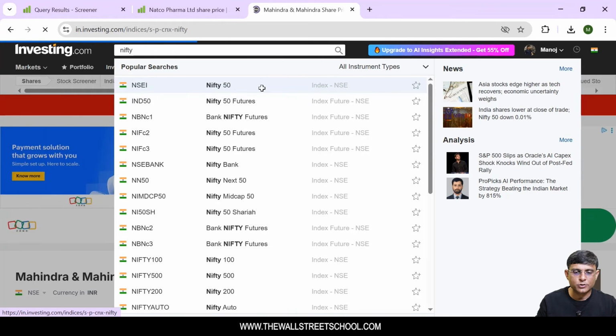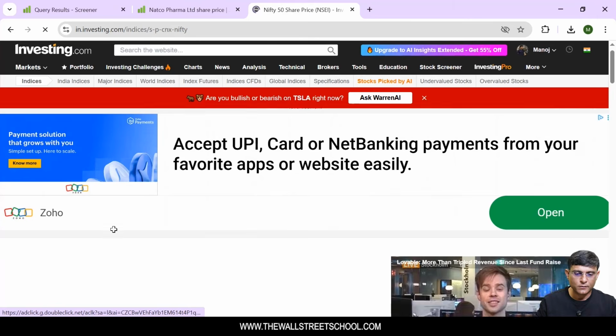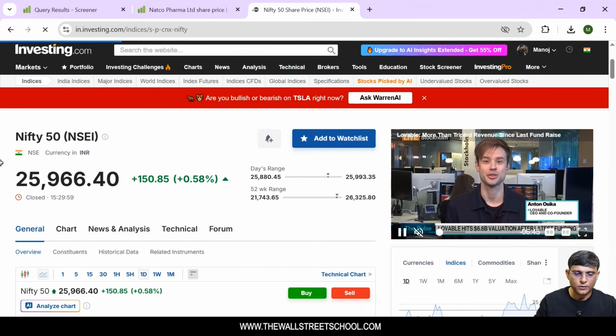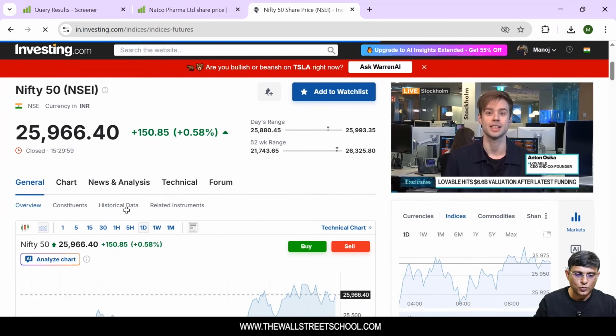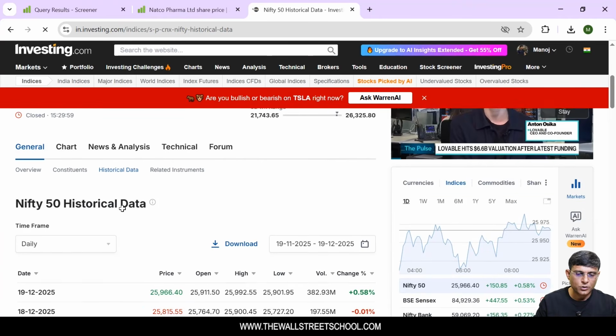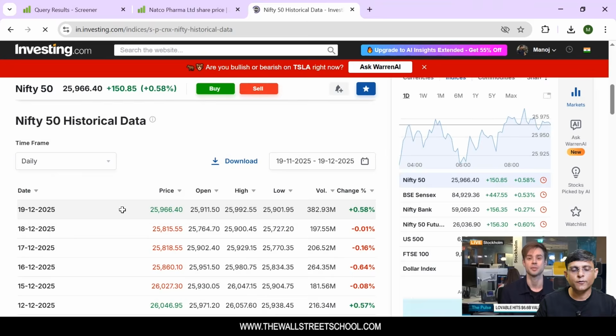Just search this index and click OK. Now, guys, you can see this is the latest price change of the index, but I need to go to historical data. So just click on historical. This is my historical data of Nifty 50.